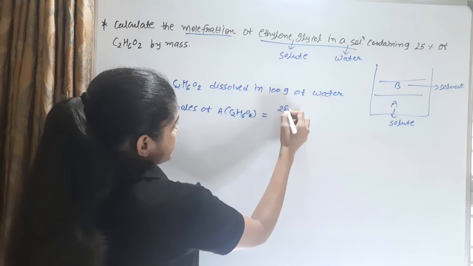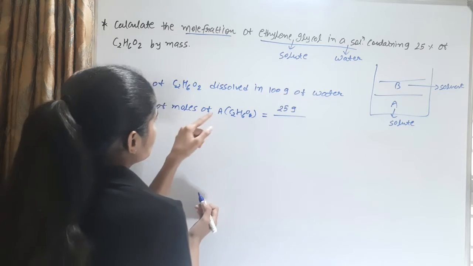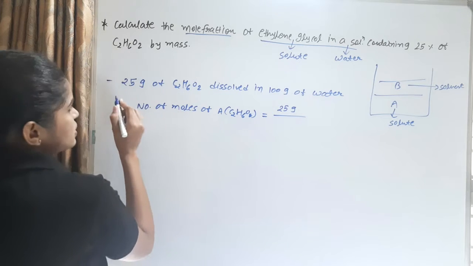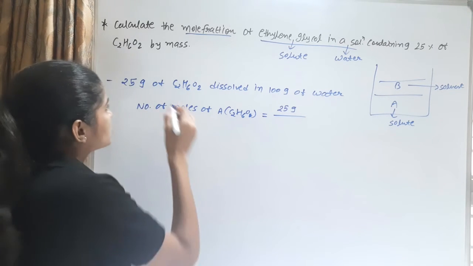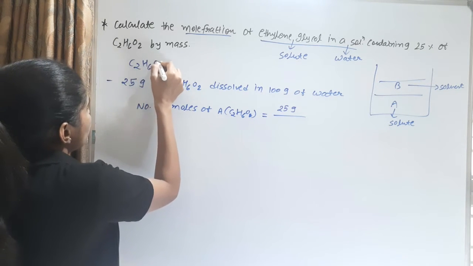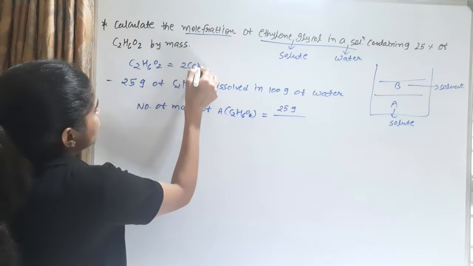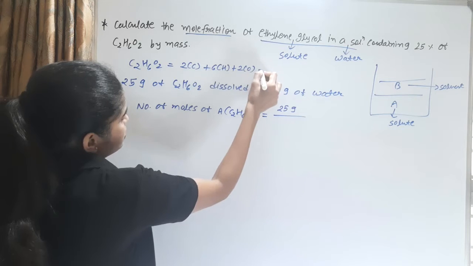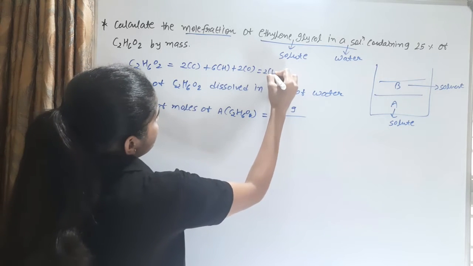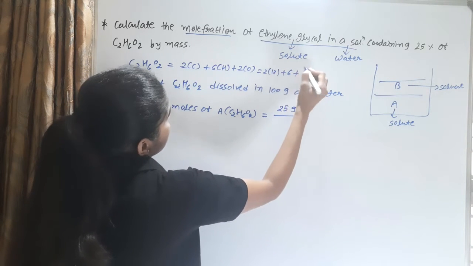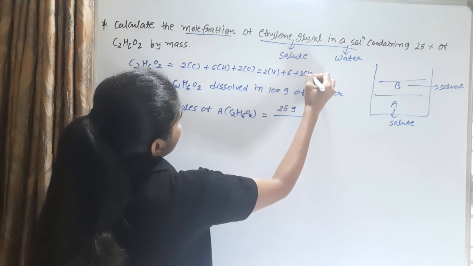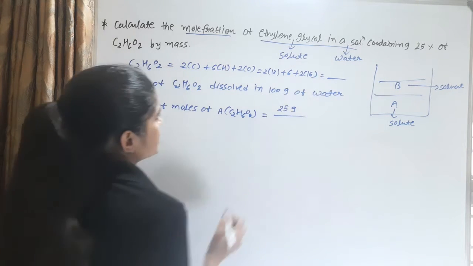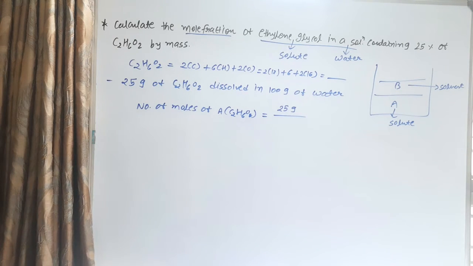This weight is 25 gram upon the molecular mass of C2H6O2. How to find the molecular mass? C2H6O2 is 2 carbon plus 6 hydrogen plus 2 oxygen. That is 2 into 12 plus 6 plus 2 into 16.